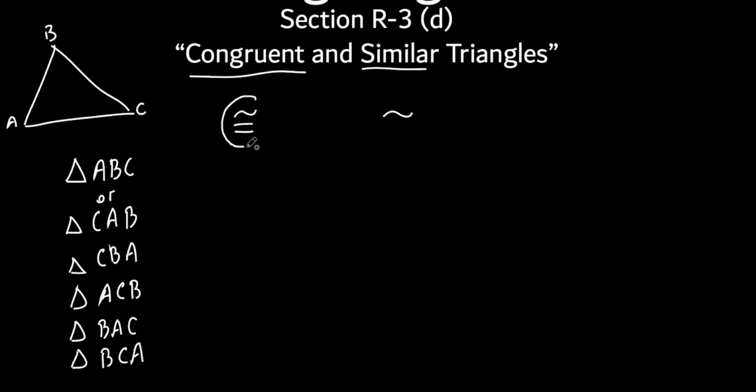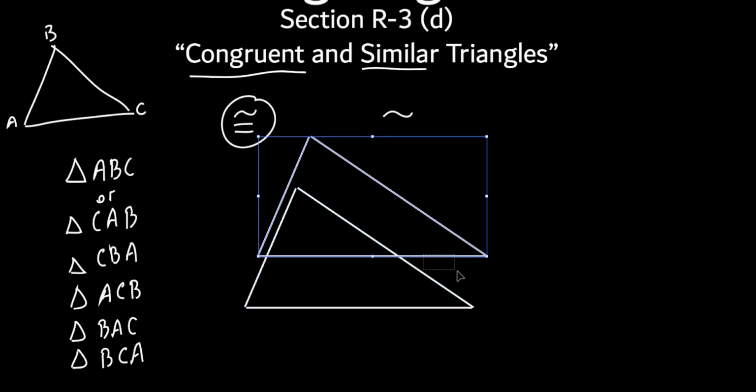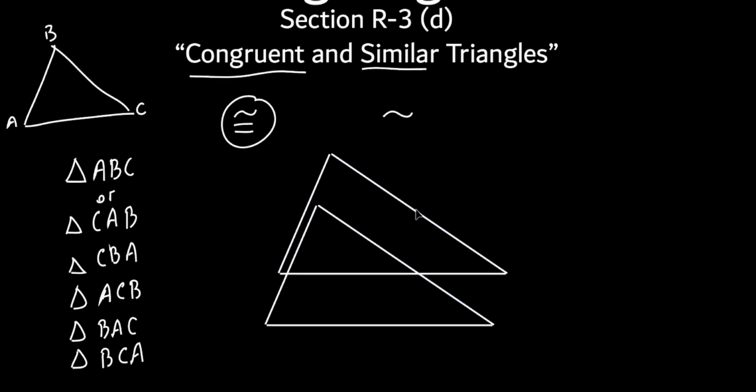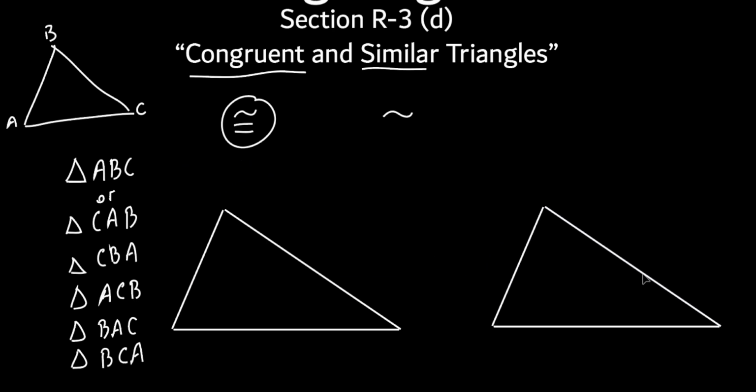What does it mean to be congruent to each other? So if I had a triangle, okay, there's my triangle. I'll group it and copy and paste it. Now, I copied and pasted it. Tell me something about that second triangle compared to the first triangle.